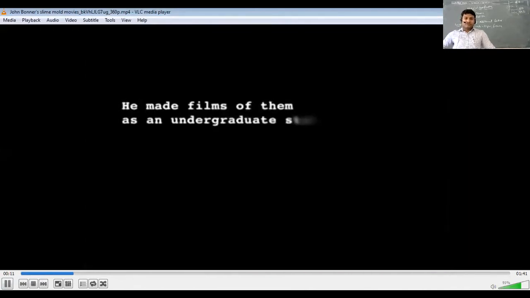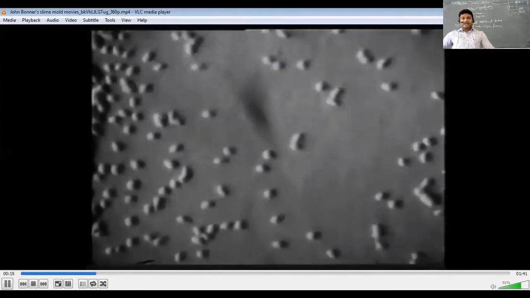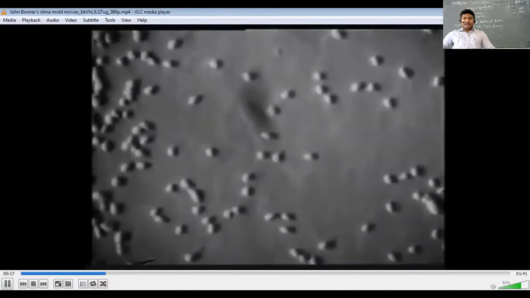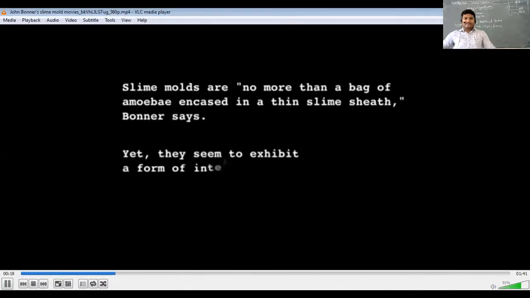These are slime molds. Remember this. It's a very old video, but it works. These are amoeboid cells, individual amoeboid cells.